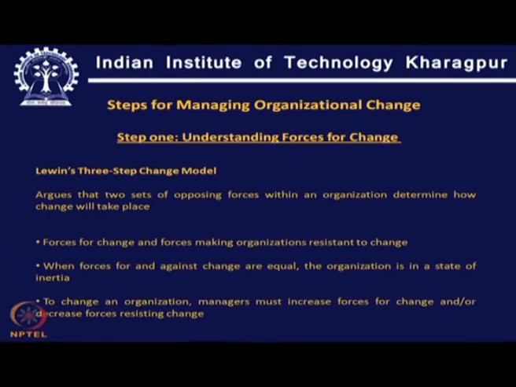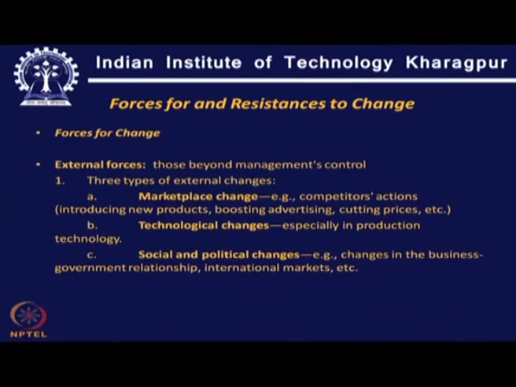The forces for change include some external forces which are beyond management's control. There are three types of external changes, like marketplace change: the competitors' actions, introduction of new products, etc.